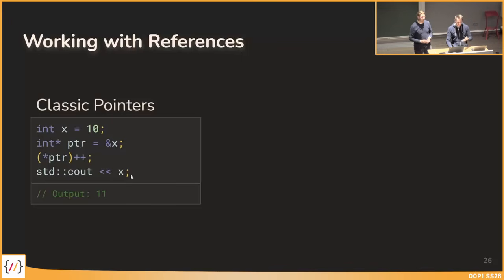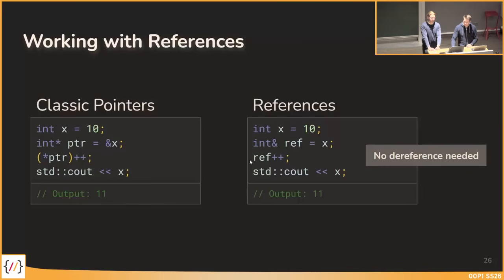And if we would then, for example, access x, for sure it has changed to 11 because we have incremented it through our pointer. And with references, it's now much easier because we can just say ref ++ as if it would have been a separate variable. And if we access x, then for sure it's also incremented because it's just one variable with 2 names.